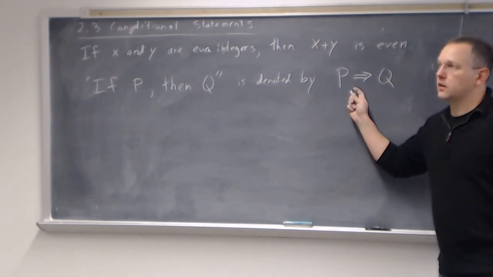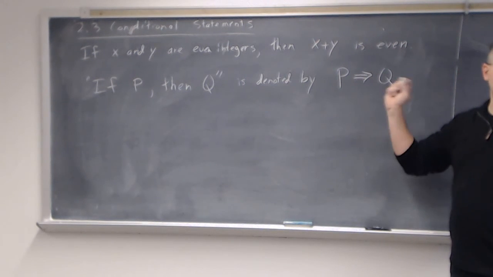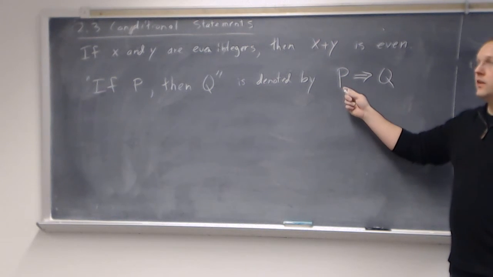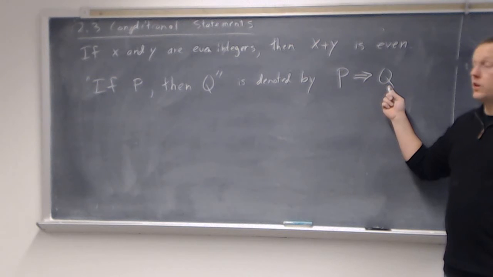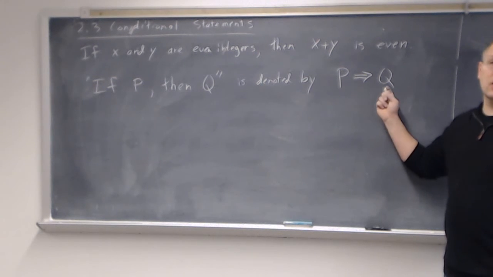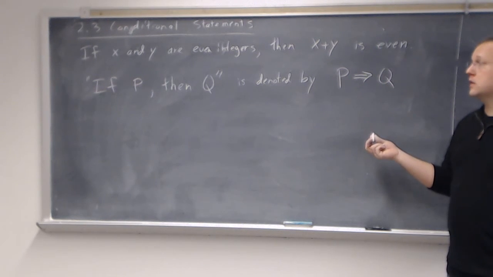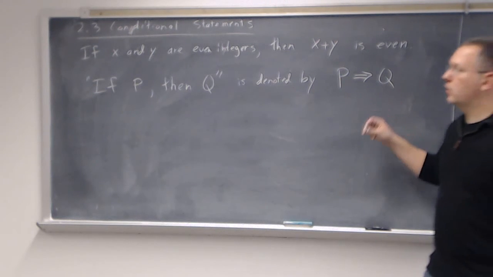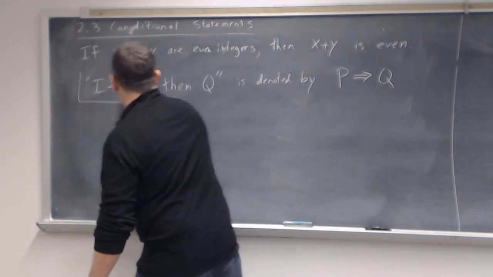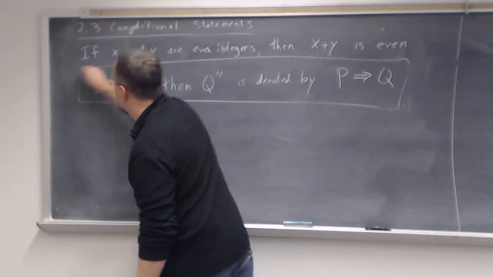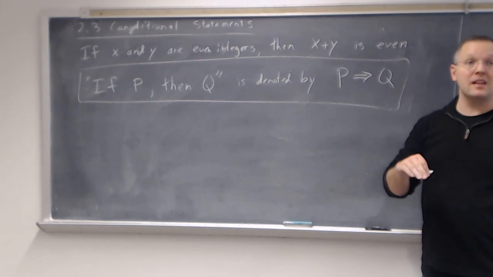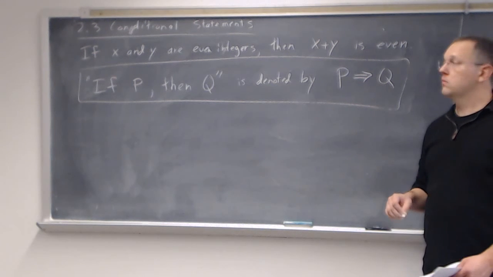It's an arrow pointing from P to Q. When you see this symbol, one way to read it is if P then Q. Another way to read this is P implies Q. Those two sentences mean the same thing. If P then Q is the same as saying P implies Q.